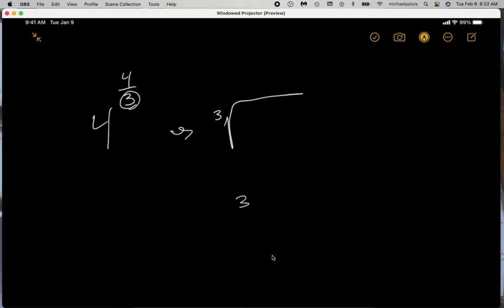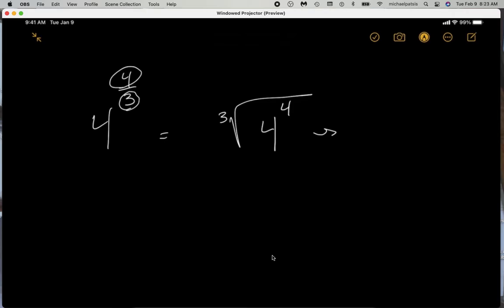So I like to do the radical symbol first, identify your root, put it out here. Here's your base. The numerator becomes your exponent. You can leave it as is, or put parentheses, and then this goes way up top.